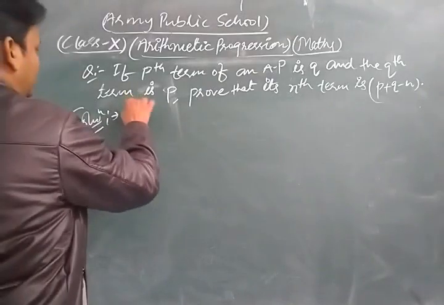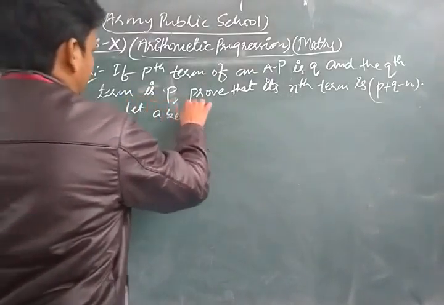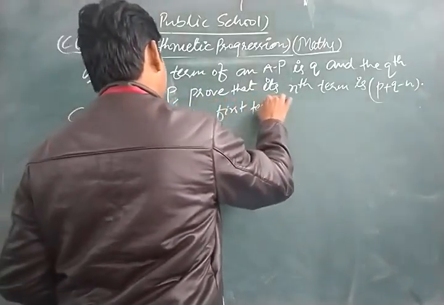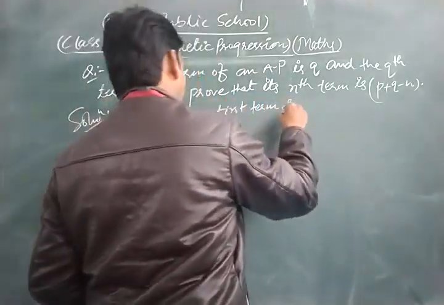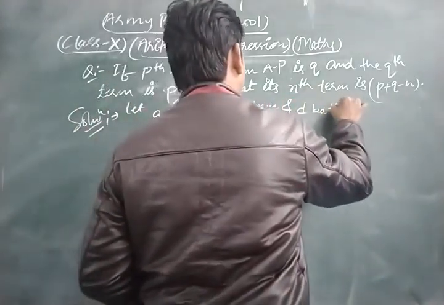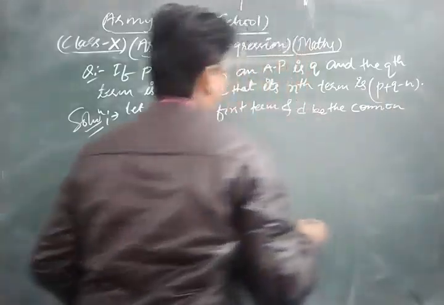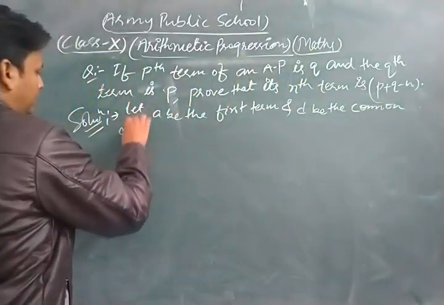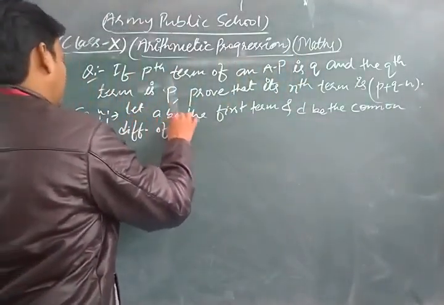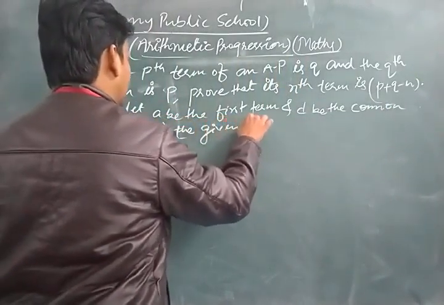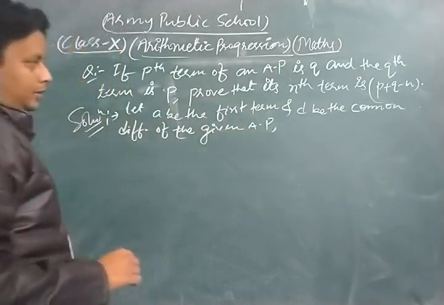First of all, let A be the first term and D be the common difference of the given AP.